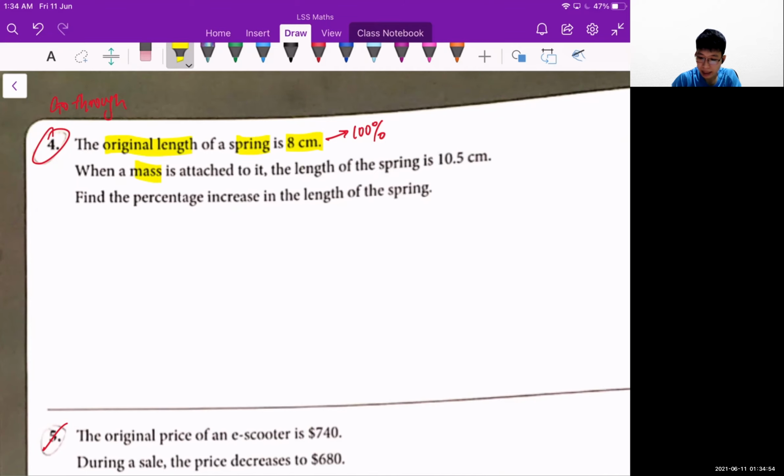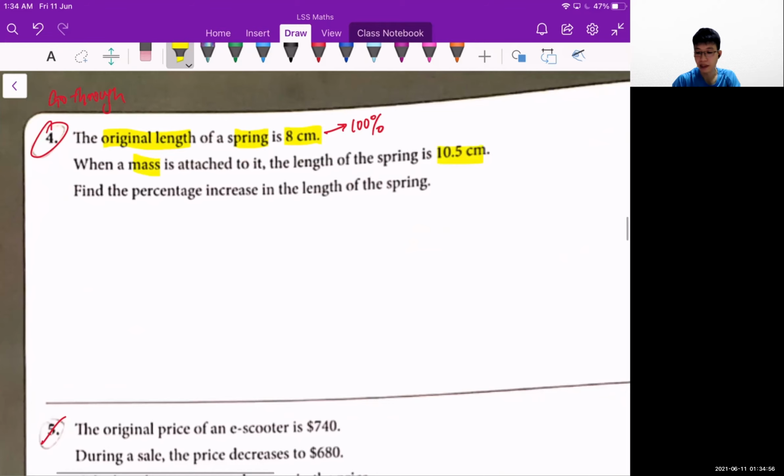And they tell you that this longer length will be 10.5. And they ask you to find out what is this percentage increase in the length of this spring. So this is the new value. And we are required to find out what is this increase in terms of a percentage of the original value.